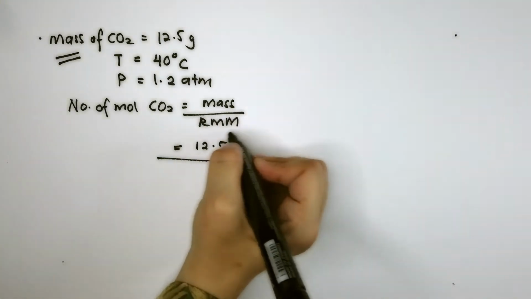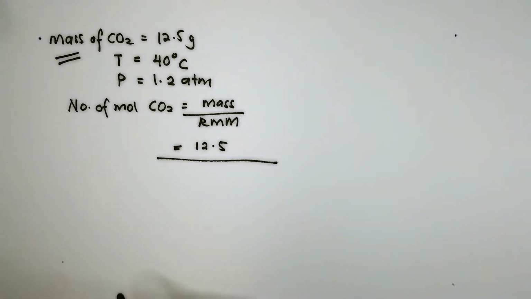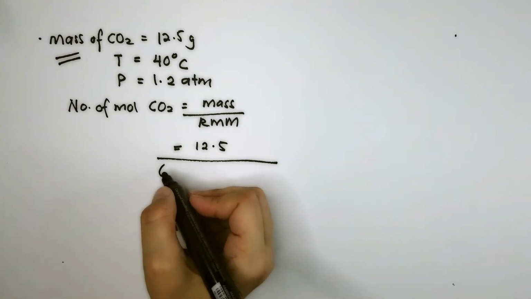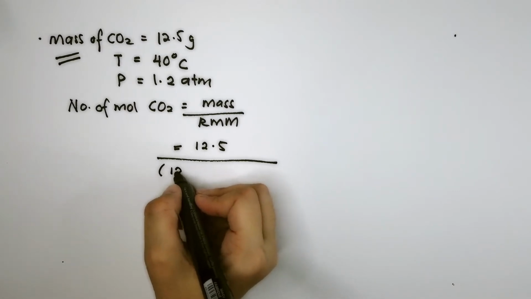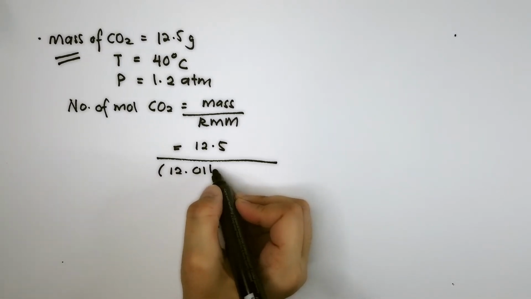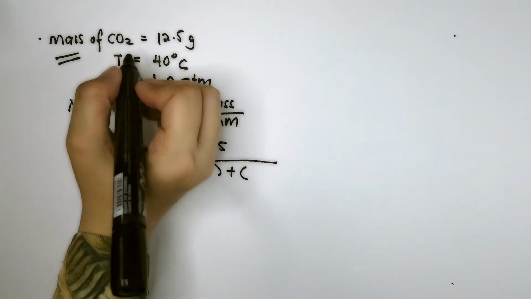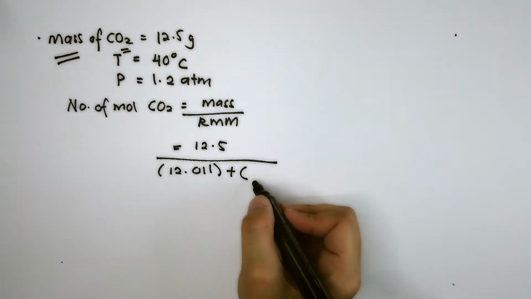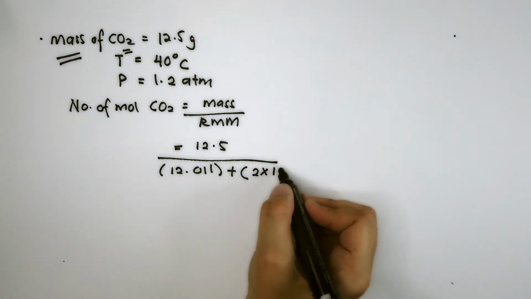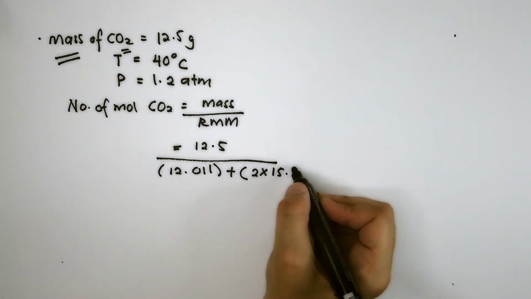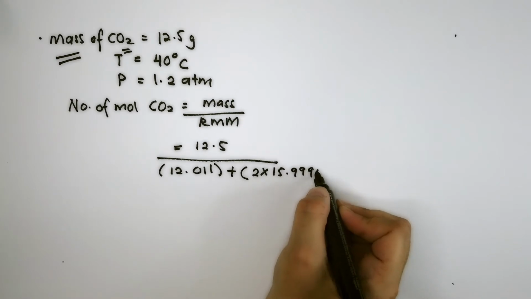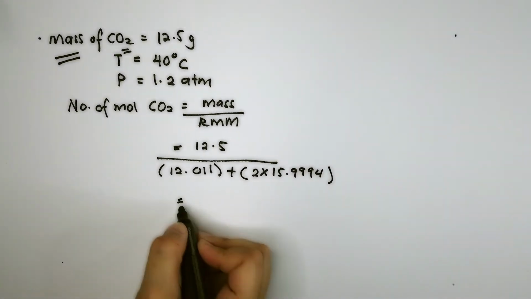So you shall get this value from the periodic table. So for carbon, it shall be 12.011. While for oxygen, because you have two oxygen over here, so 2 times 15.9994. Right?